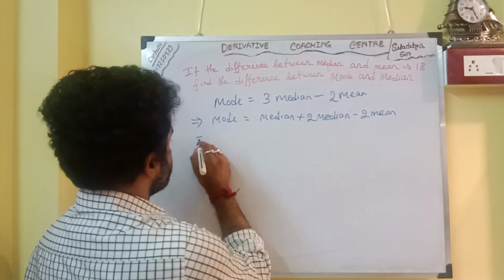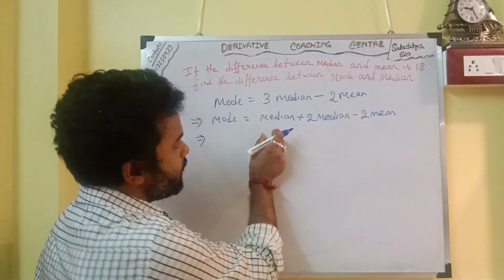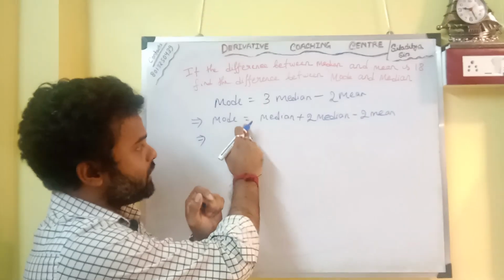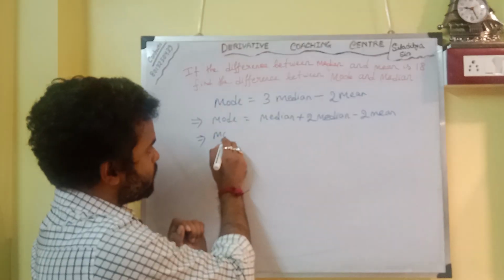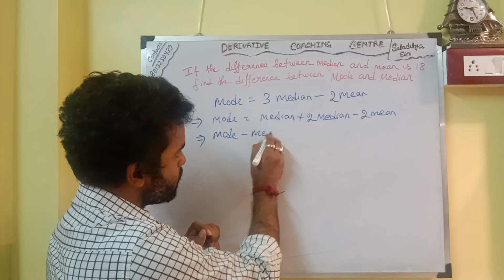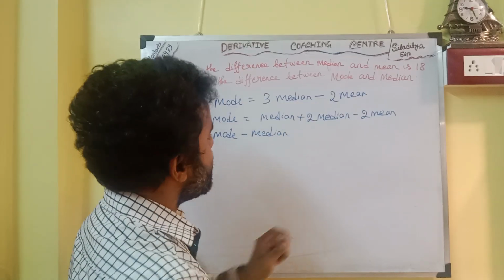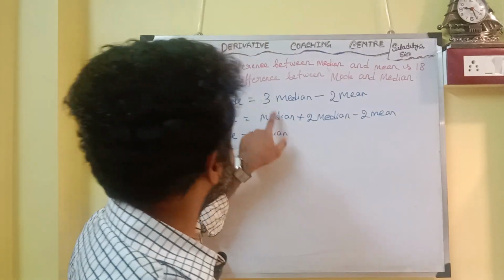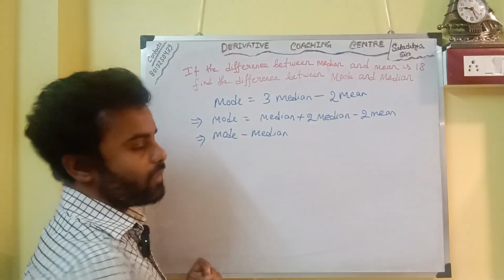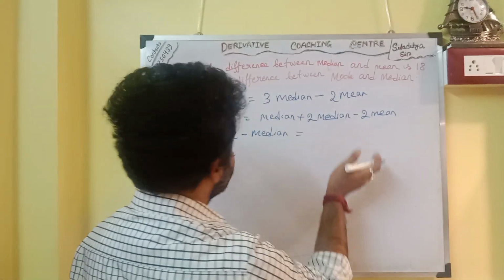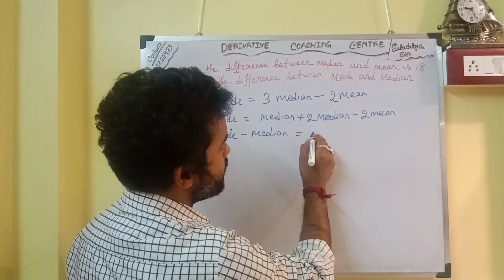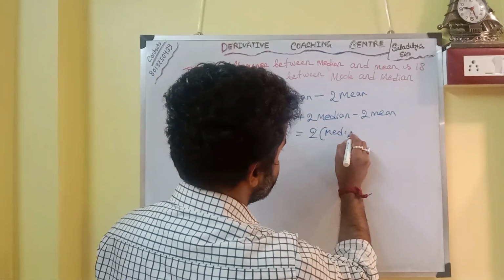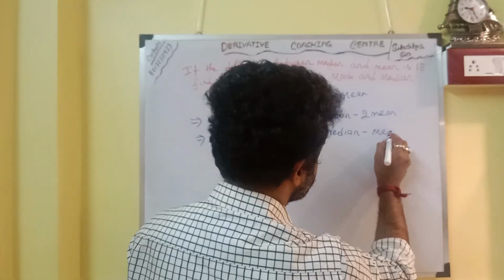Now if you bring this median to the left side of the equal sign, it becomes minus median. And on the right side, that is 2 into median minus 2 into mean.